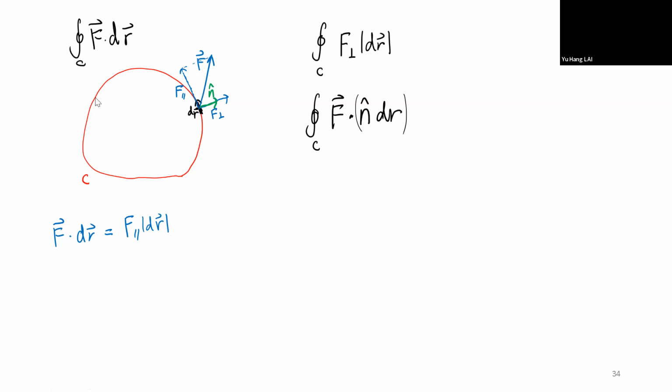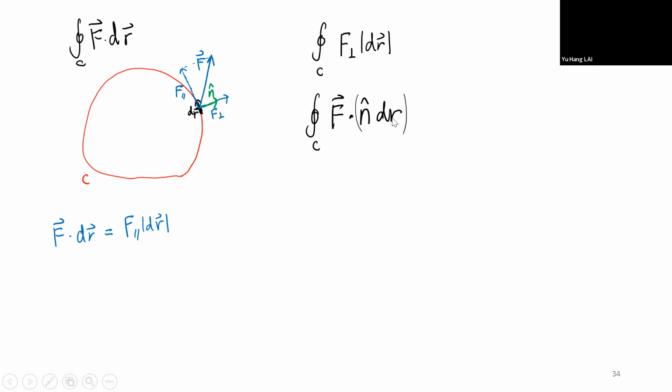But of course, this vector field does not have to be a force field. It can be another field. But then this line integral won't have the physical meaning of work done anymore, but it's still a line integral that we can do. So here, for sure, this is not work done or anything related.